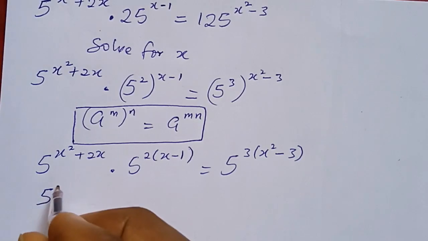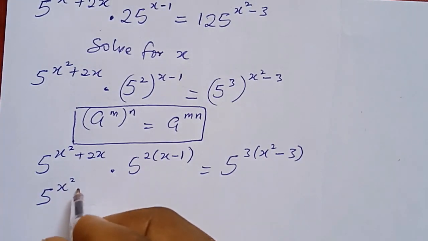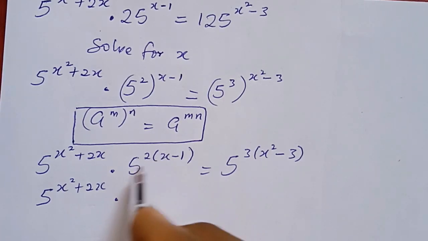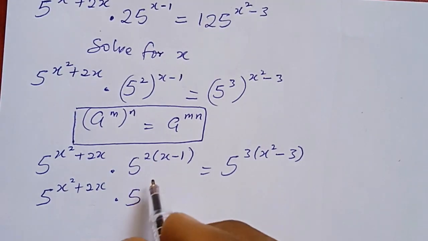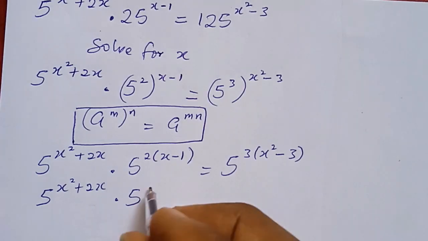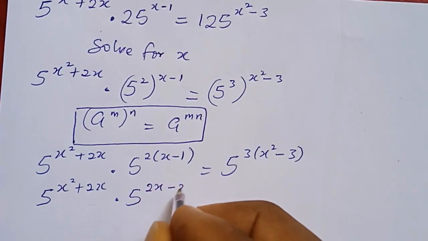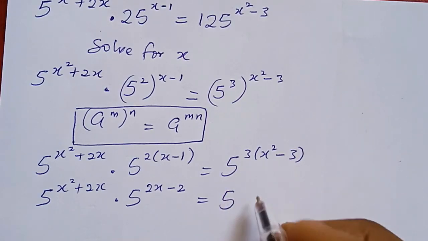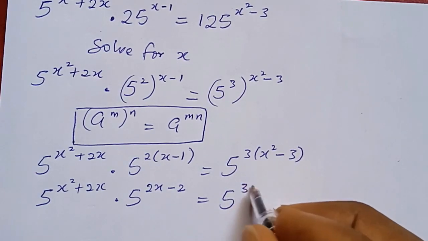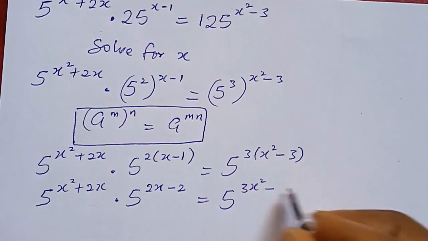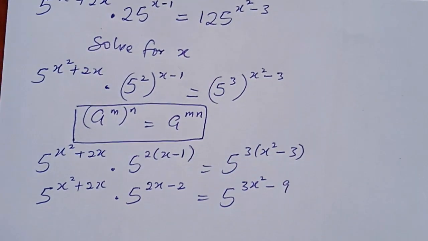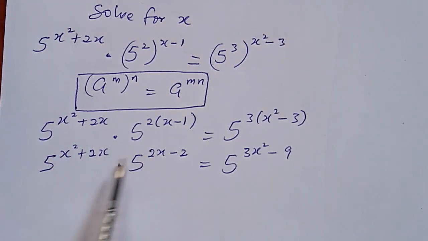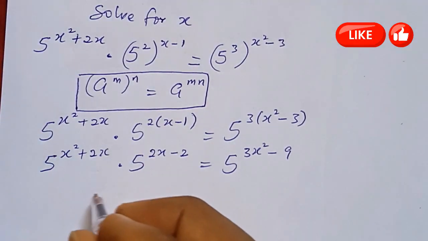We have 5 raised to power x raised to power 2 plus 2x multiplied by 5, then 2 multiplied by the bracket, we have 2x minus 2 equals to 5 raised to power 3 multiplied by the bracket, we have 3x squared minus 9.